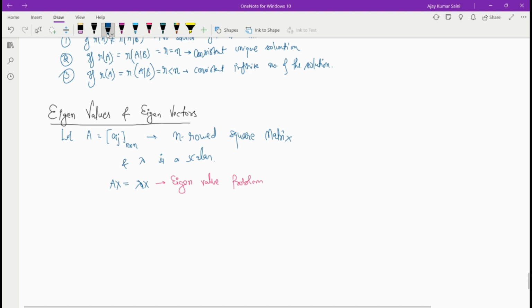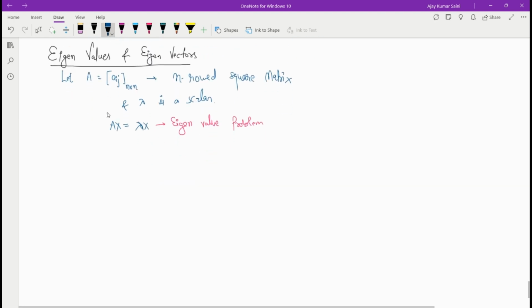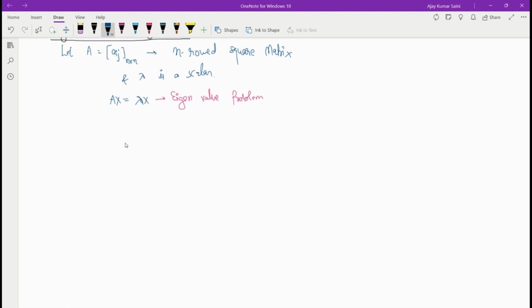Okay, so now I can write it as A minus lambda, into x is equal to 0. Okay, so from here I can also write this like (A minus lambda I) x is equal to 0. Here x is not equal to 0.